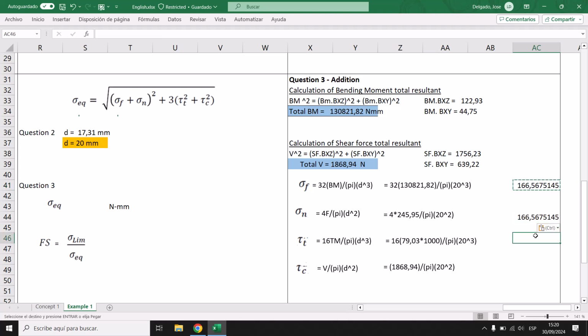I'm just going to copy this to save time. It's going to be 4 times, just change it to 4 times, and this 205.35. Yes, this here is squared. This one is going to be 16 times 79.03, divided by 1000.